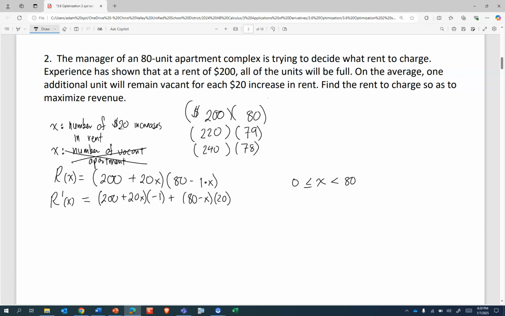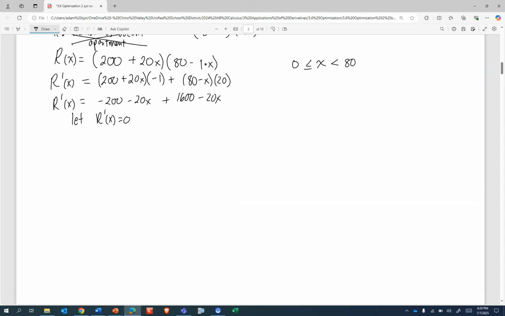And we're going to have to set that equal to 0, so we might as well multiply everything out. Negative 200 minus 20x plus 1,600 minus 20x. So let's let r prime of x equal 0.